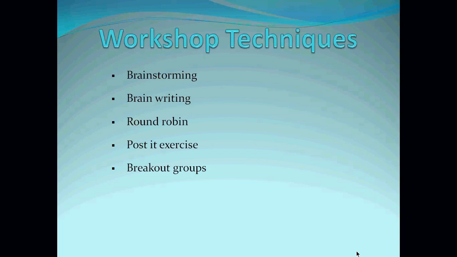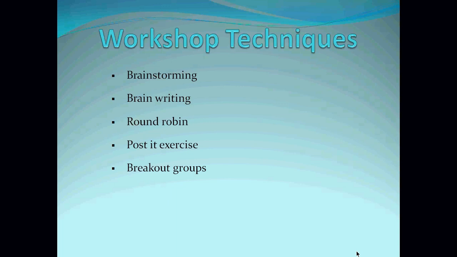And you have the breakout groups. The breakout groups is where you actually have them in different groups. If you have, for example, about 20 people, you may say you want to group them in maybe 5 groups. You just want them to be able to work together. They will work as a group, not as individuals.